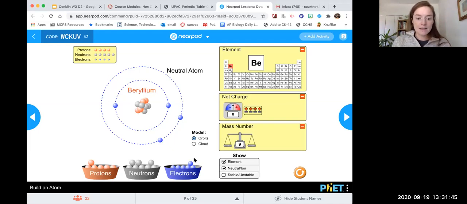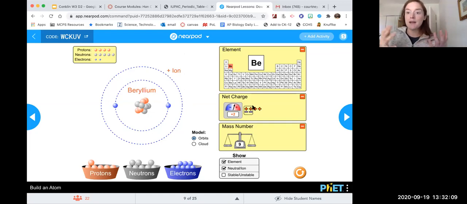All right, great. And so we can add as many electrons as we want, but you can see that it becomes what's called an ion after you have more electrons than protons. What about if you have fewer electrons than protons? It also becomes what's called an ion, but now it's a positively charged ion.